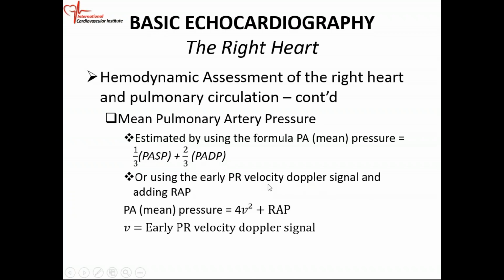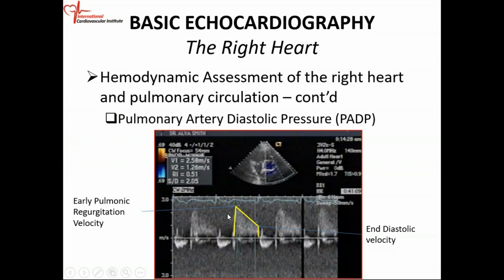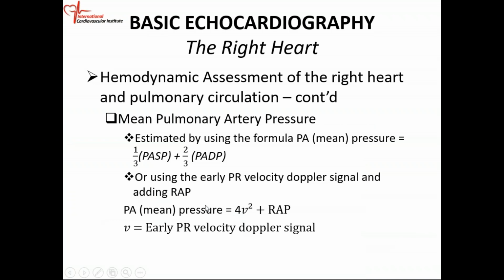So remember, we showed you this. If you use this velocity, square it, multiply by 4, you'll get the mean PR.